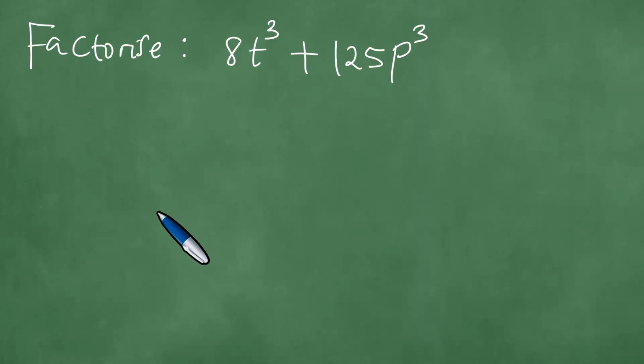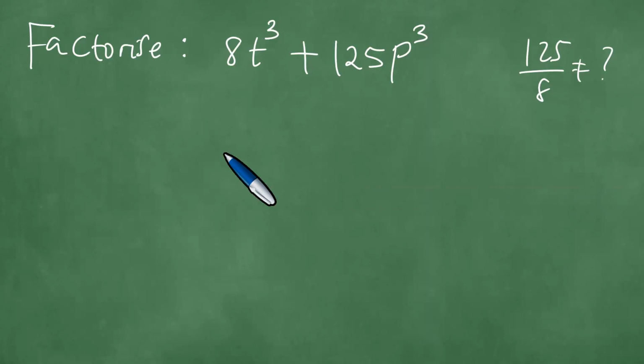Okay, this one is different because 8 does not divide these. Even if you try 125 divided by 8, it's not something nice. So because of that, what do you do here? But 8 can be written as a power of 2, or 2 to the power something.